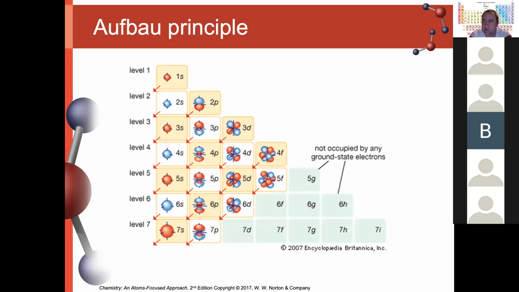Well, the Aufbau principle tells us that there is a specific order of filling as far as energy levels and sublevels are concerned. One of the ways to do it is to use this slash system. This slash system is very common. Every textbook has it. I don't tend to focus a whole lot of time on it because, frankly, there's an easier way to do it.